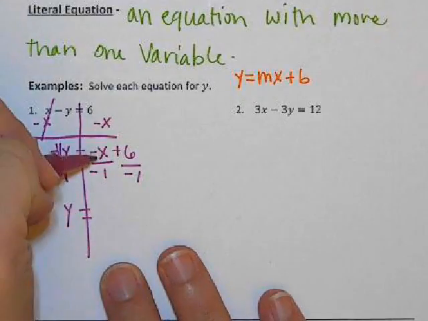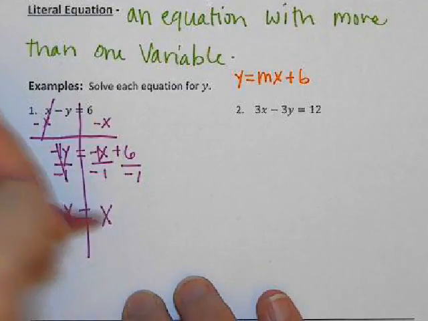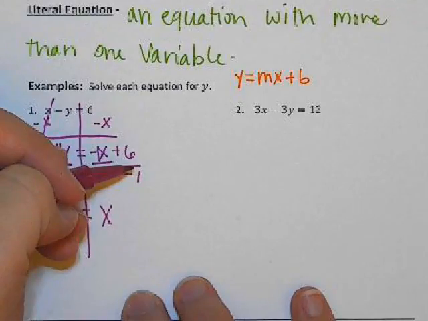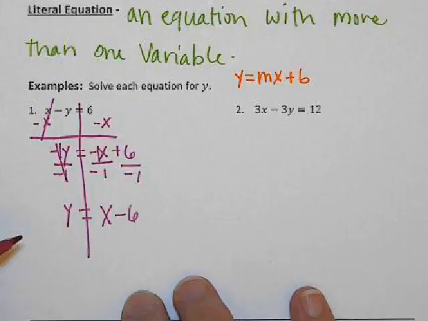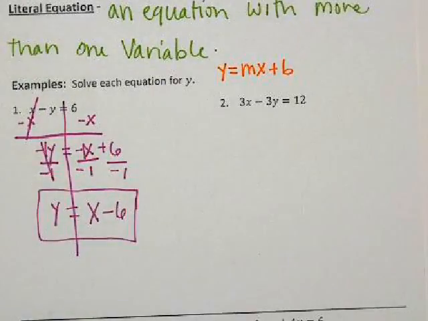Negative 1x divided by negative 1 gives me just x. And 6 divided by negative 1 is negative 6. Now is y by itself? Yes, and there's my answer.